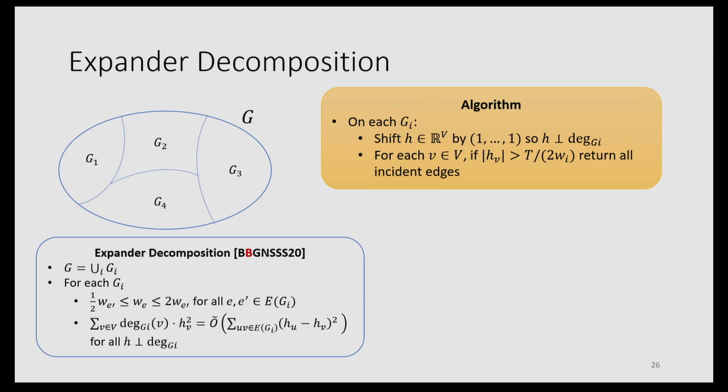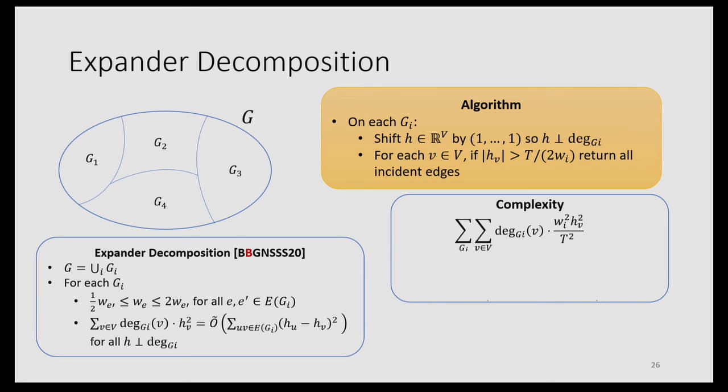But now it works, because how many entries are we going to return? We're going to return the degree of that vertex many edges, whenever this h was larger than our threshold. So whenever this ratio here is larger than 1, we are paying this degree in time to return all the entries. Now if you look at the sum, that's basically exactly our expression here.